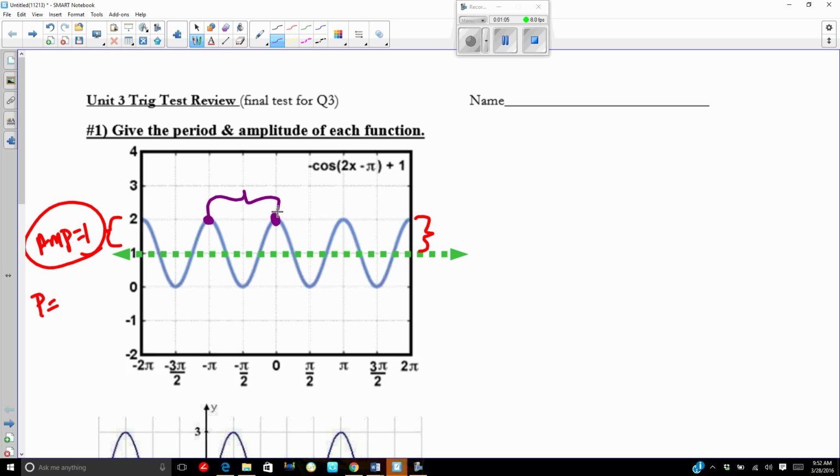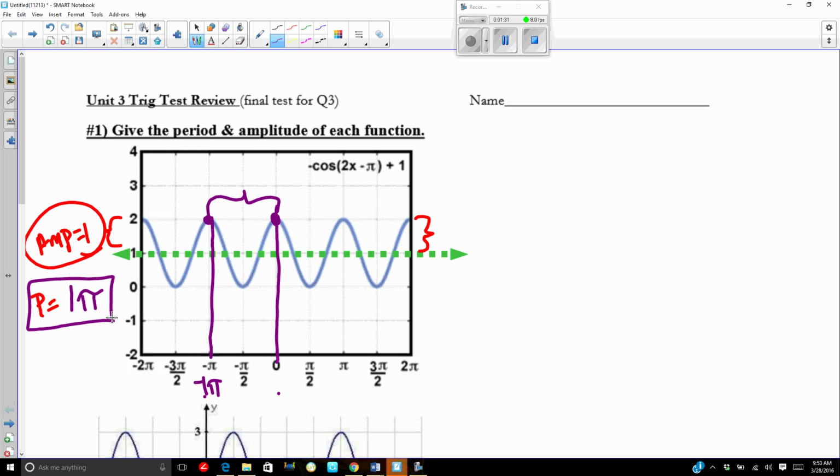But if you look, this actually lines up with -1 pi, and this one lines up with 0. And the distance from -1 to 0 is just 1. So that's why our period is 1. Of course, it's 1 pi because all of our units in this problem are in terms of pi. So that's the period for this problem.